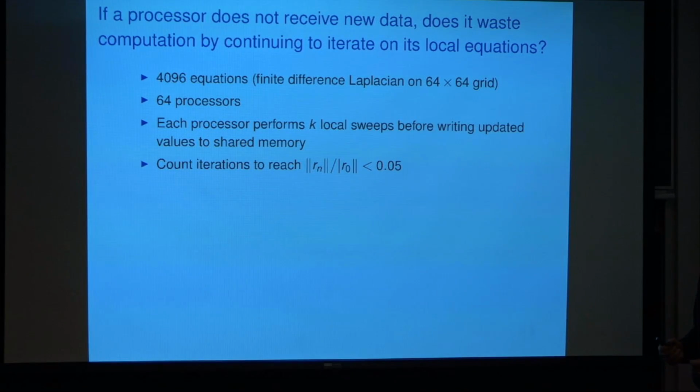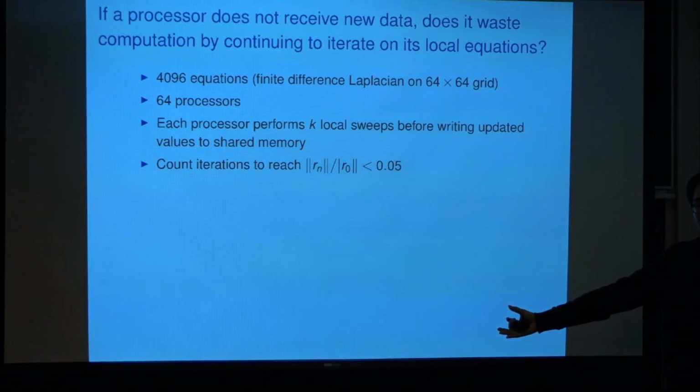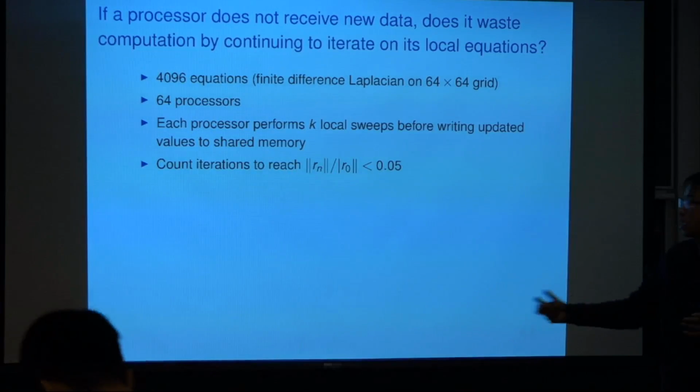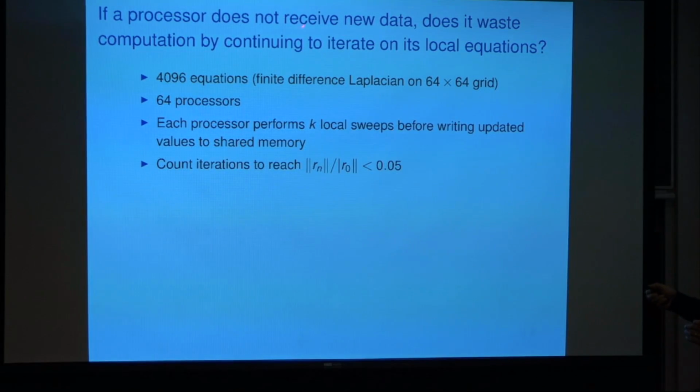So instead of having a slow processor, I'm just going to update many times, and then give my results to other processors. These are local computations that could be very fast. They don't necessarily involve communication. So is it worthwhile doing these additional computations?